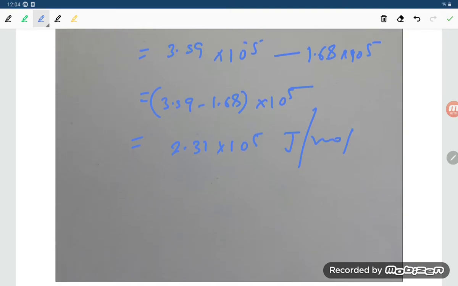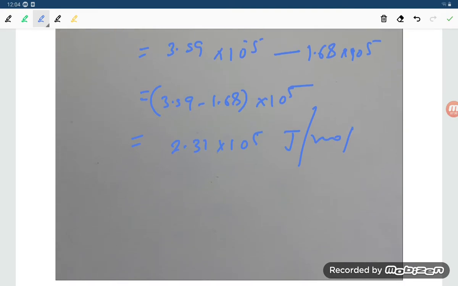Now, student, how to calculate the minimum energy required to remove an electron? That is the energy required to remove an electron, per mole.